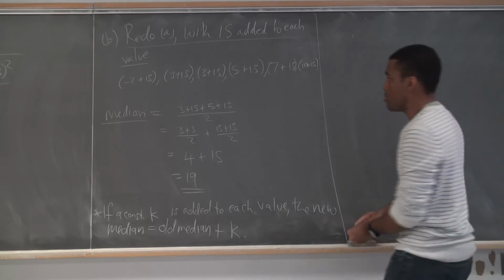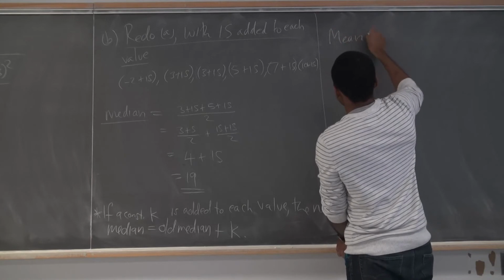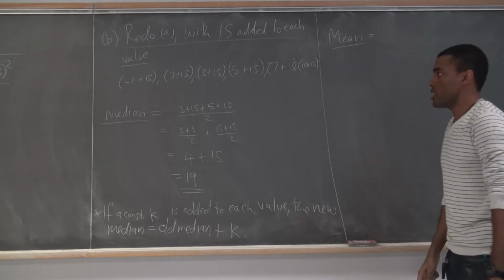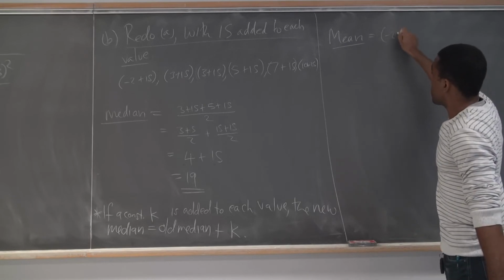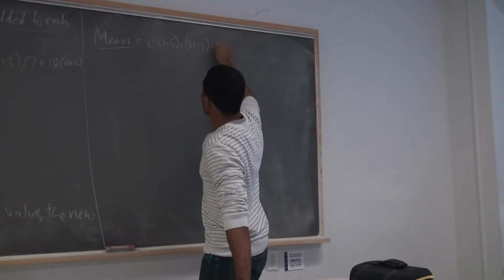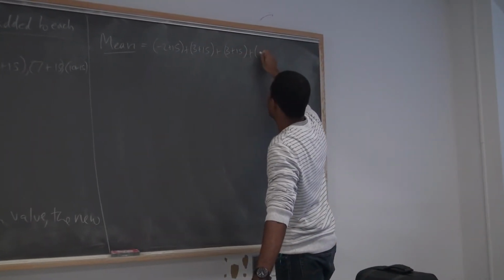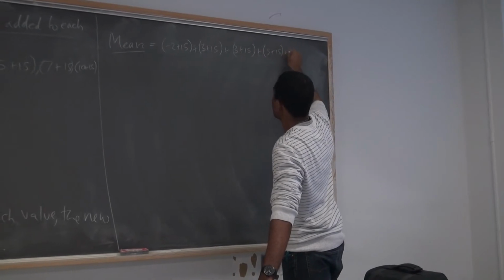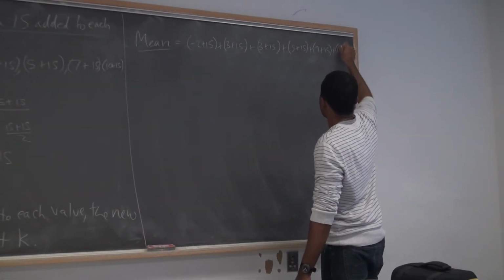Now the next thing was the mean. The idea is, how would the mean actually change? Well, you do this idea again. You have minus 2 plus 15. You add that to 3 plus 15, 3 plus 15, 5 plus 15, 7 plus 15, 10 plus 15.